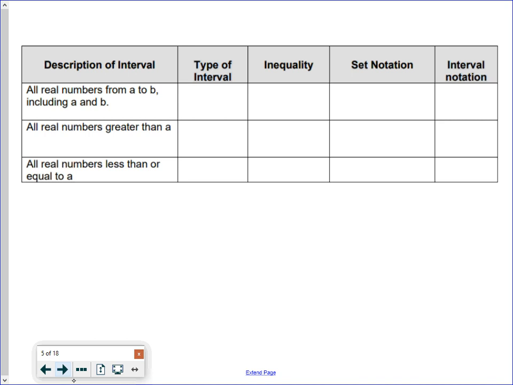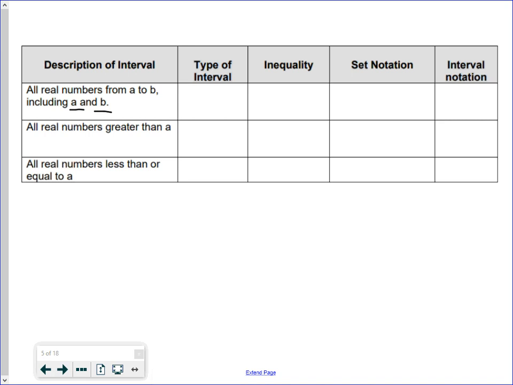So now we have some descriptions of intervals, and we're going to figure out what type of interval it is, finite or infinite, and then we're going to figure out its inequality, set notation, and interval notation. So for the first row, we have all real numbers from A to B, including A and B. So we see here that we have two endpoints.